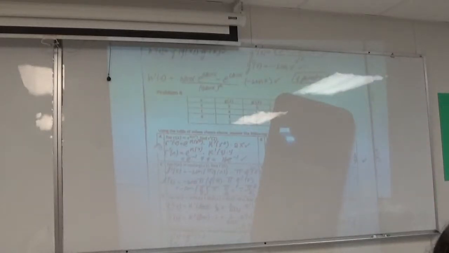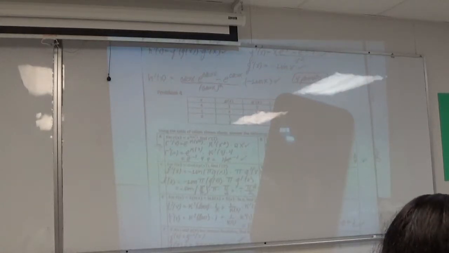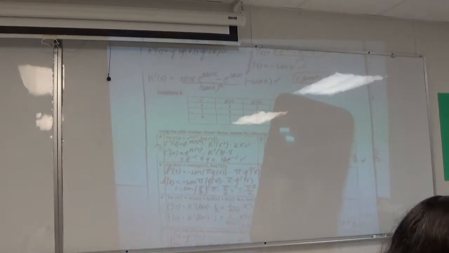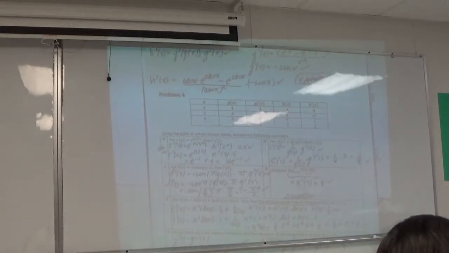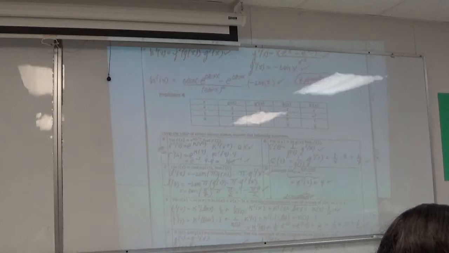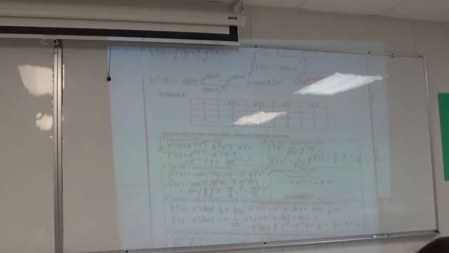Quotient rule. So it'll be x times the derivative of the top minus. I did the quotient rule for K. Oh wait, no, you know what?